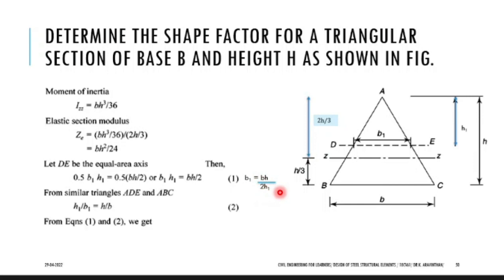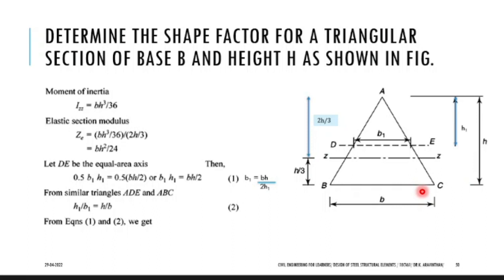Now, from similar triangles, what do you mean by similar triangle? ABC is a triangle and you have a smaller triangle ADE. Do you have the two triangles? All are similar triangles. For the similar triangle, the H1 by B1 ratio will be equal to H by B. This is a component of similar triangles.